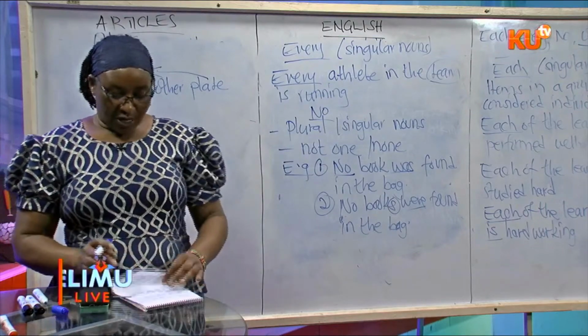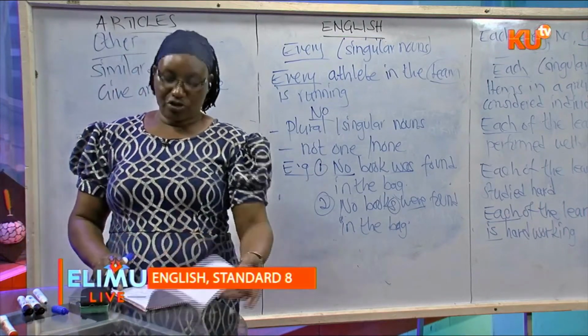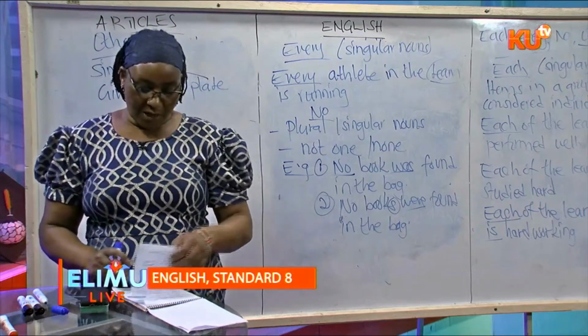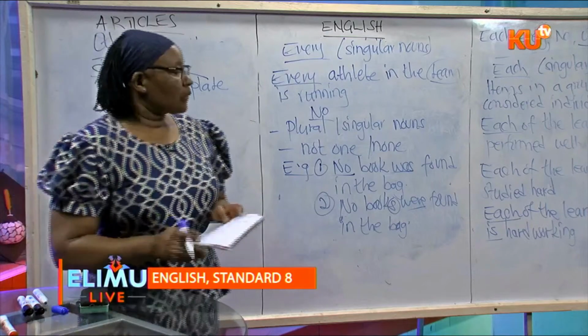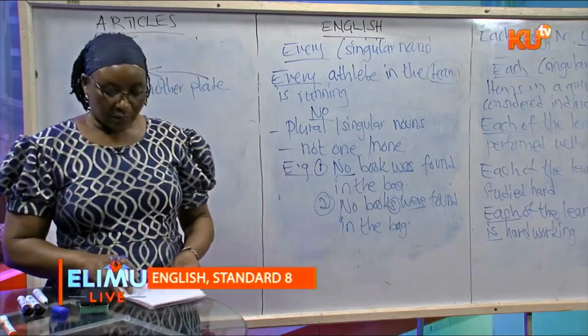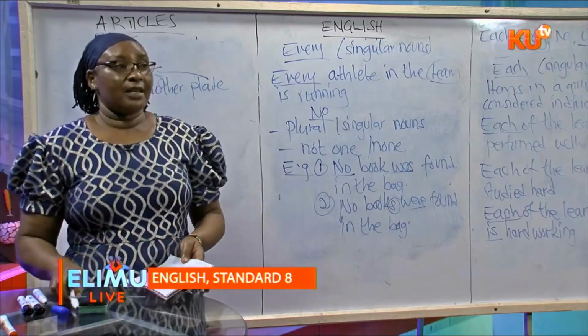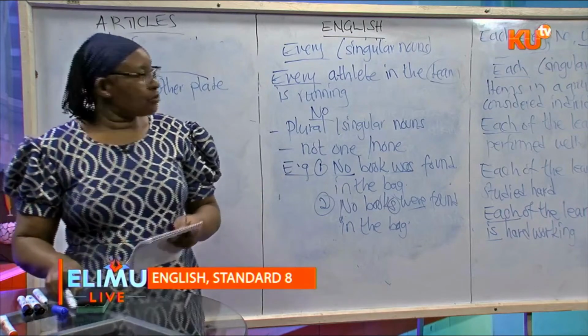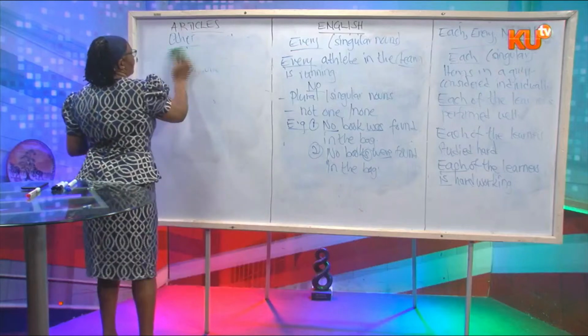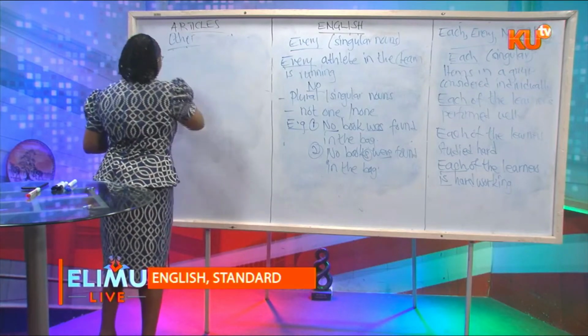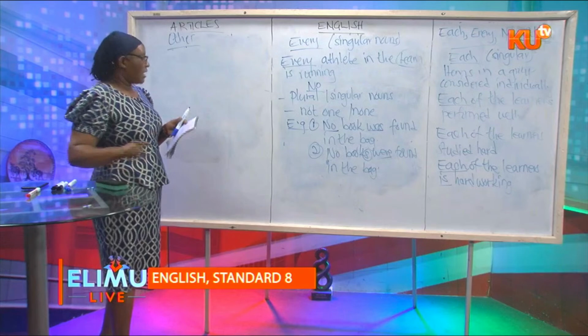The only thing I would like to say is that this topic is usually tested in KCPE. It was tested in 2019. So I'll write the questions which were tested. You can find the question from KCPE past papers.